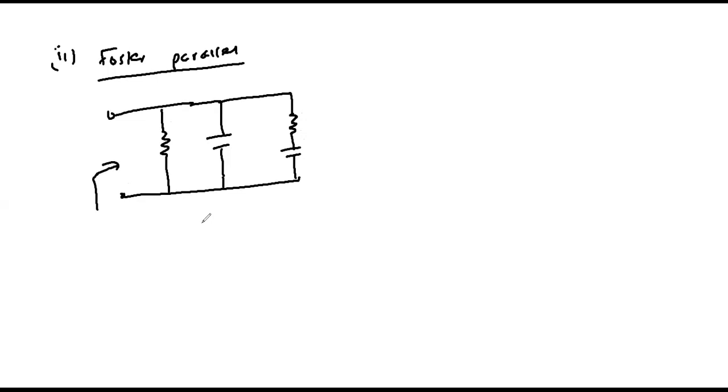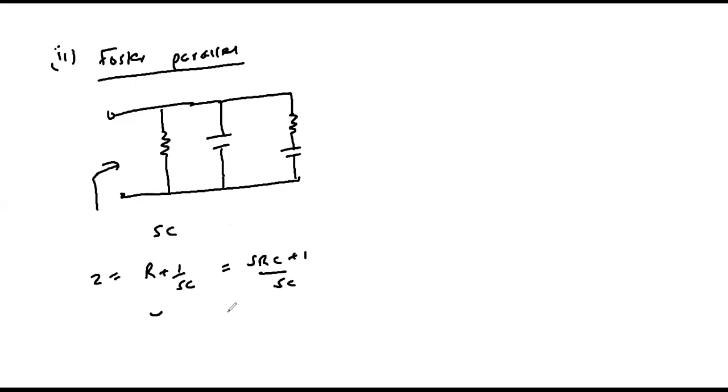Now, for us to implement this, we need to write the transfer function as an admittance transfer function, because now the components constitute admittances. The admittance due to a resistor will be the reciprocal of the resistance. The admittance due to a capacitor is sC, and then the admittance due to a series capacitor resistor network is given by the reciprocal of Z, where Z is R plus 1 over sC, which is (sRC plus 1) over sC.